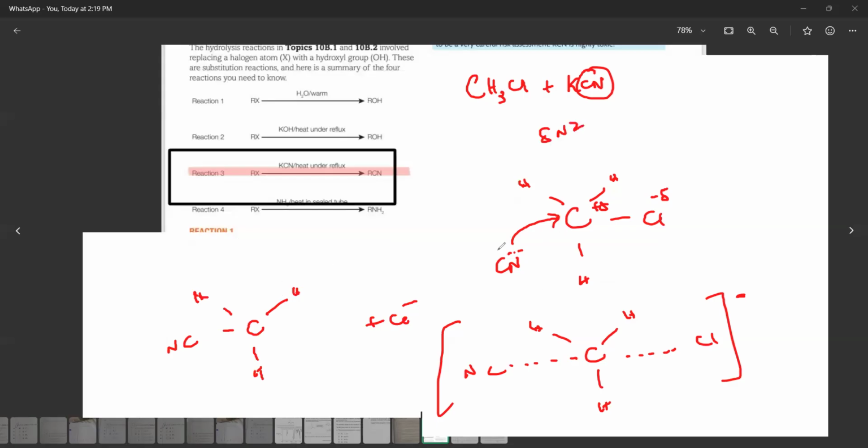Why SN2? Because the reaction depends on the presence of the nucleophile as well as the halogenoalkane. But if it was a tertiary halogenoalkane, then first we have to break the bond and then the new bond will form. So if it is a tertiary halogenoalkane like CH3, CH3 and Cl, the presence of the nucleophile will not affect the compound because of the steric hindrance as the methyl groups are there.